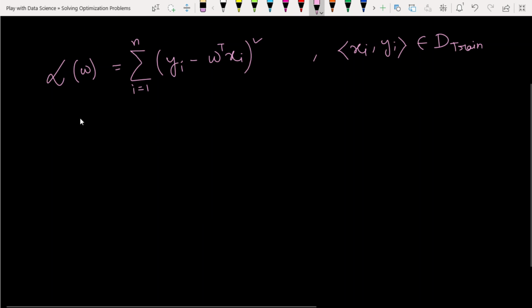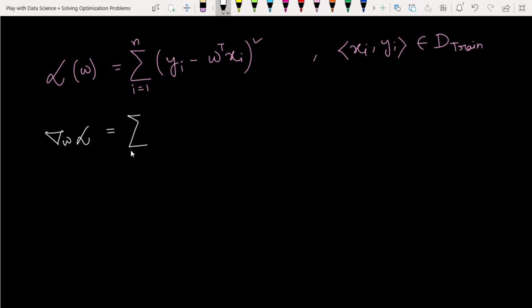Now to solve this equation and find the minimum, we have to differentiate it. But W is a higher dimensional vector, so we use the gradient concept: the gradient over W of the function L, with the summation i equals 1 to n.